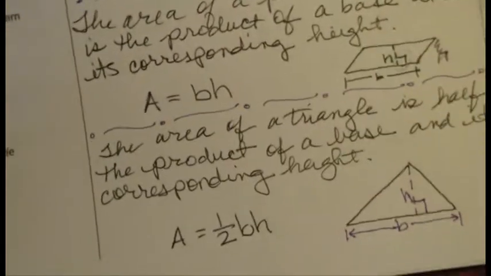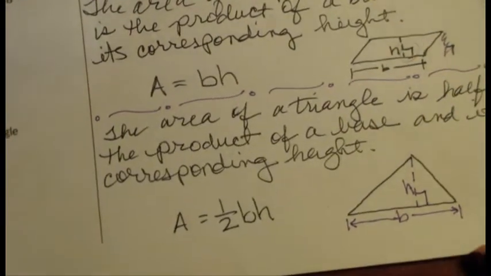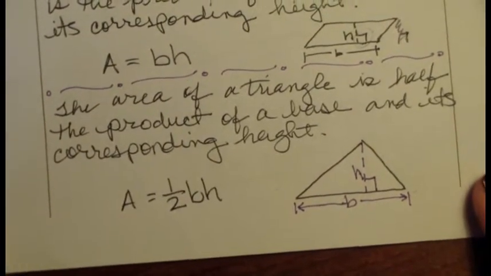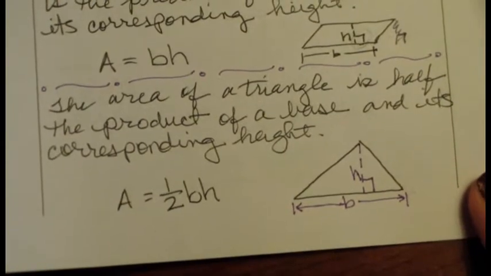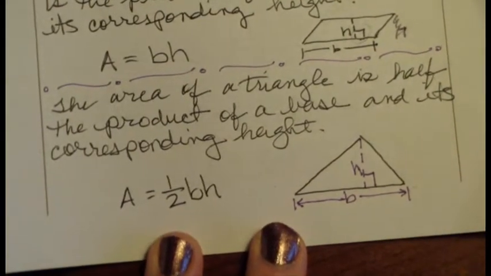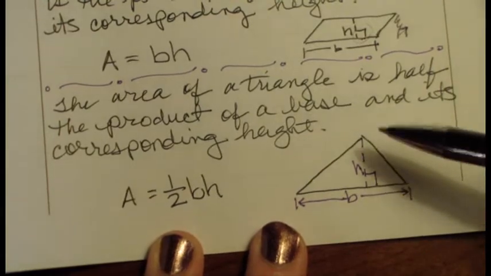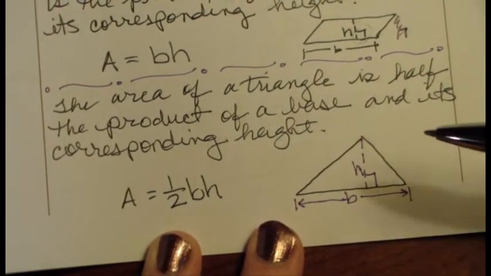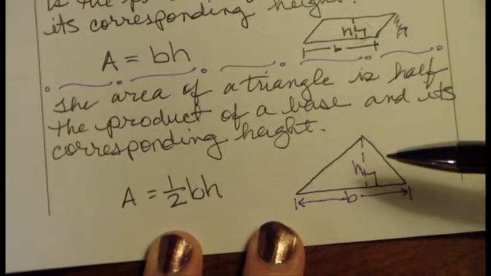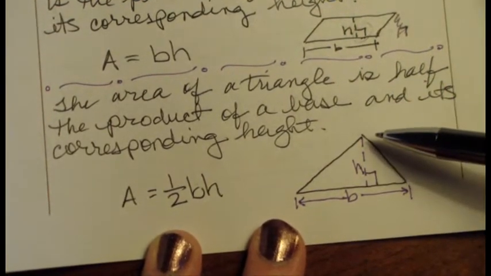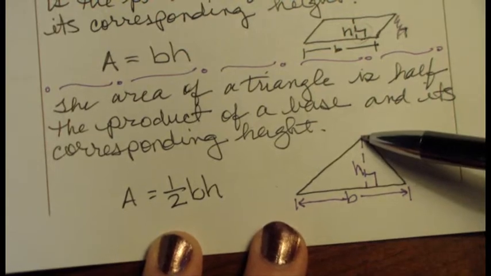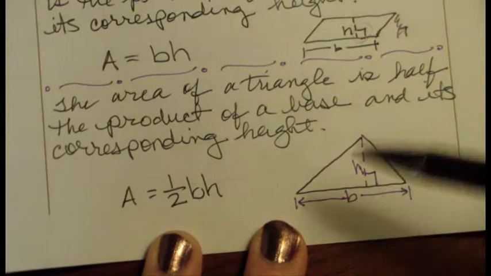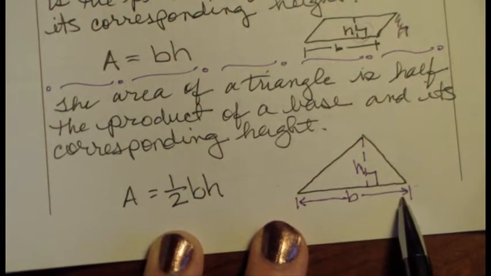And then area of a triangle. The area of a triangle is half the product of a base and its corresponding height. So a triangle could have one of three heights. The height is just a perpendicular line dropped from a vertex to the side opposite it. So this is a height here, and then this would be the base with the corresponding height.